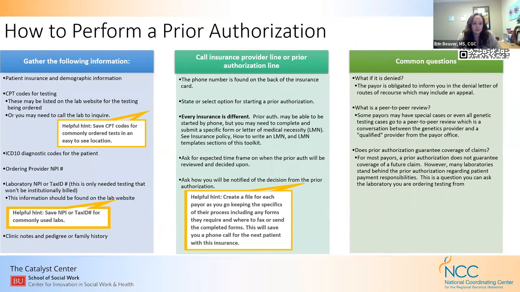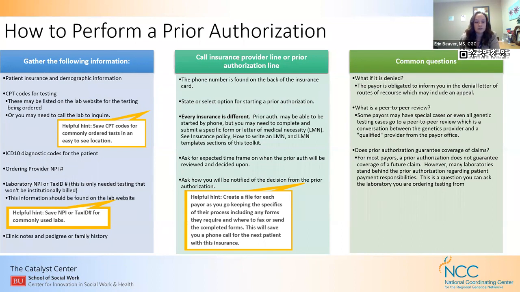But this one I think is very valuable for offices, for providers that are maybe not used to doing their own prior authorizations that can come up around genetic testing. But also it's very informative for families to help keep them on the same page, which can alleviate some of the stress and frustration that families can get during this process, because it can be a lengthy process. It can take time to move through it.